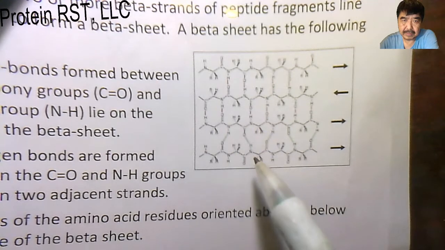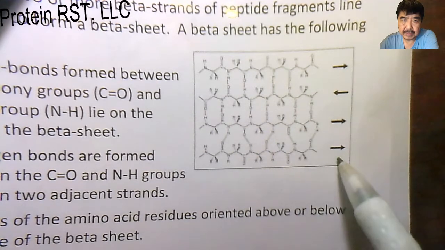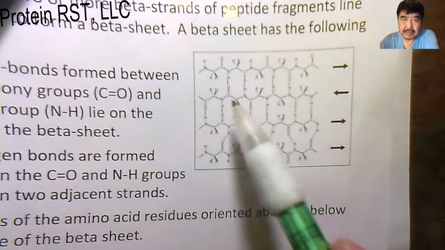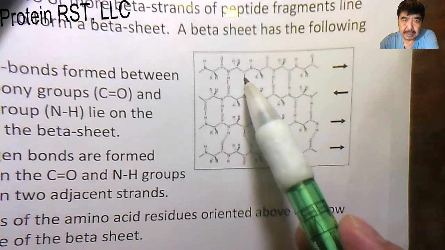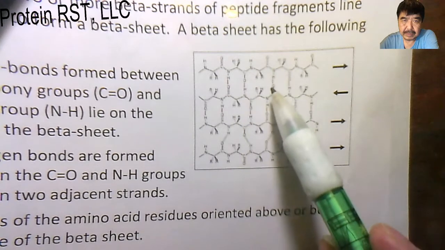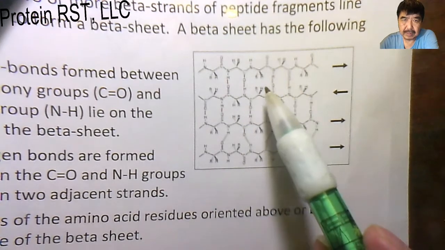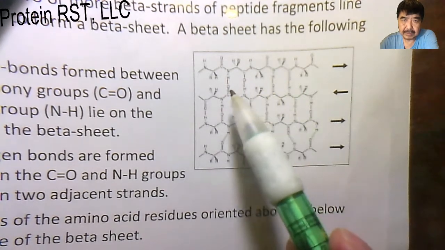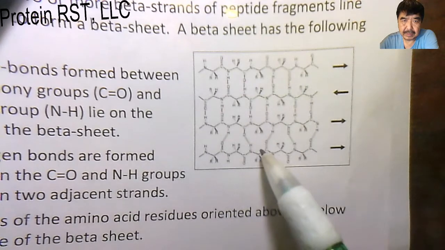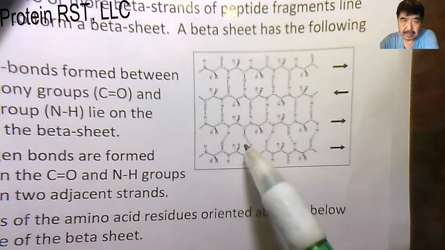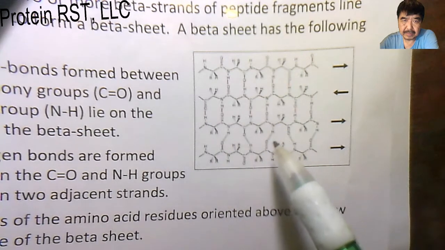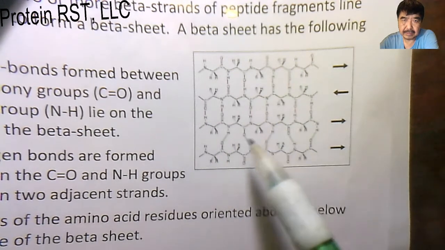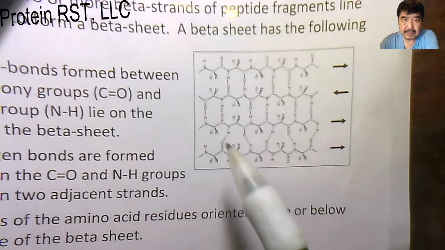The third one and the fourth one are in the same direction. You can see the hydrogen bonds between the carbonyl group and the amine group are red colored for the antiparallel strands, and the green colored hydrogen bonds are on the parallel strands with the same direction.